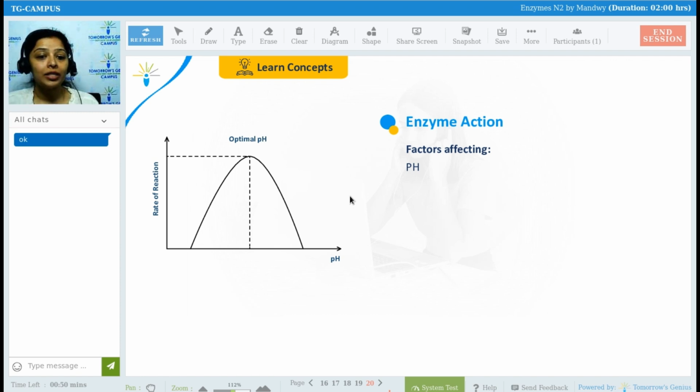As we know, enzymes are very sensitive, pH specific, temperature specific. So each enzyme shows its highest activity at the optimum pH, that is 7. The activity will decline in both conditions if the pH is lower than the optimum or above the optimum value.